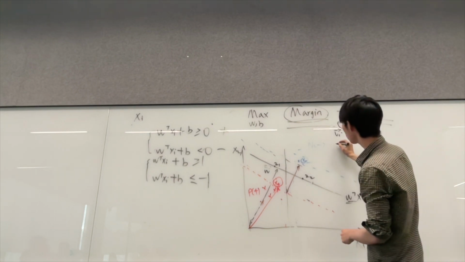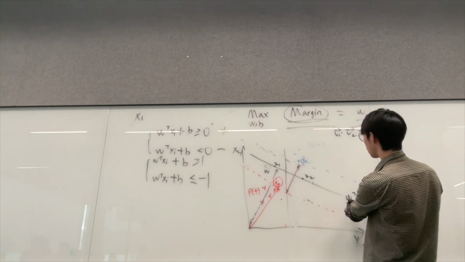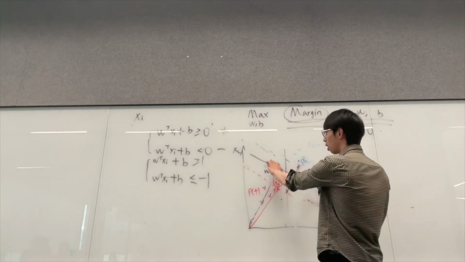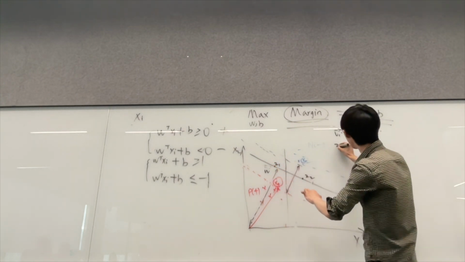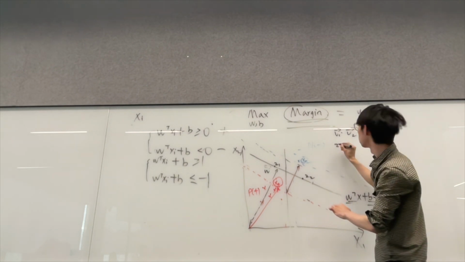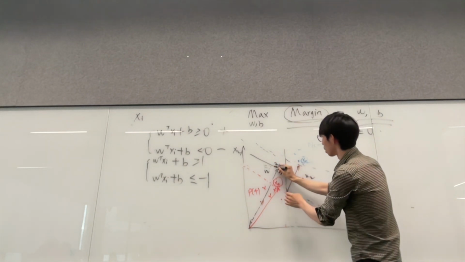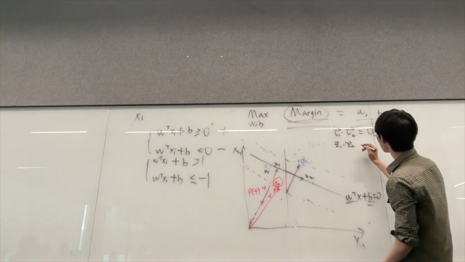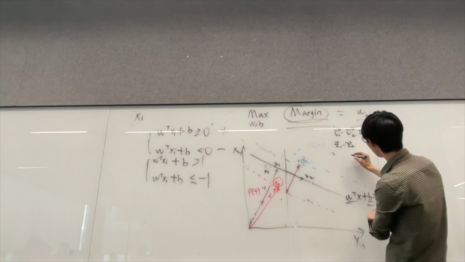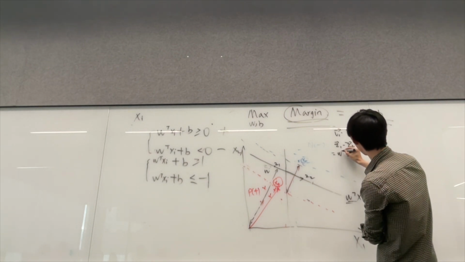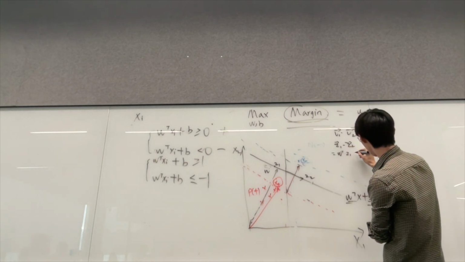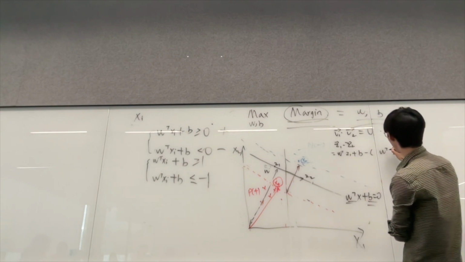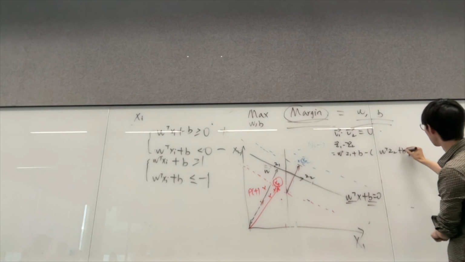So Z2 and Z1 are on this line, right? So what's one vector for this line? One vector will be Z1 minus Z2, right? So then you have this vector. What you can do is take W transpose Z1 plus b minus W transpose Z2 plus b.